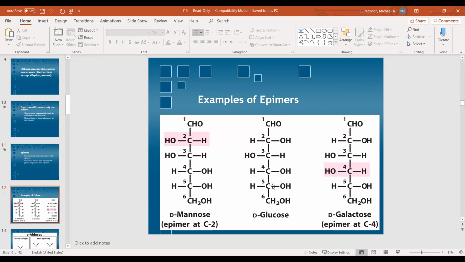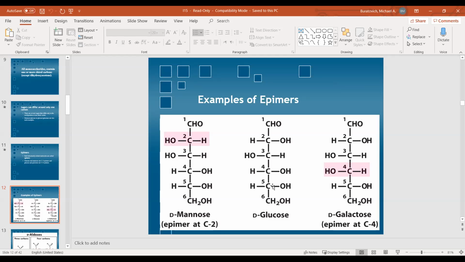Same, same, same, not same, same. They differ around one carbon. They're called epimers. So mannose is a C2 epimer of glucose.